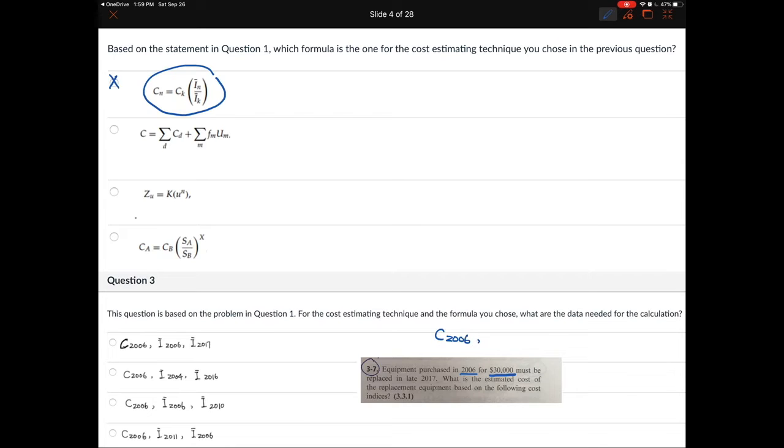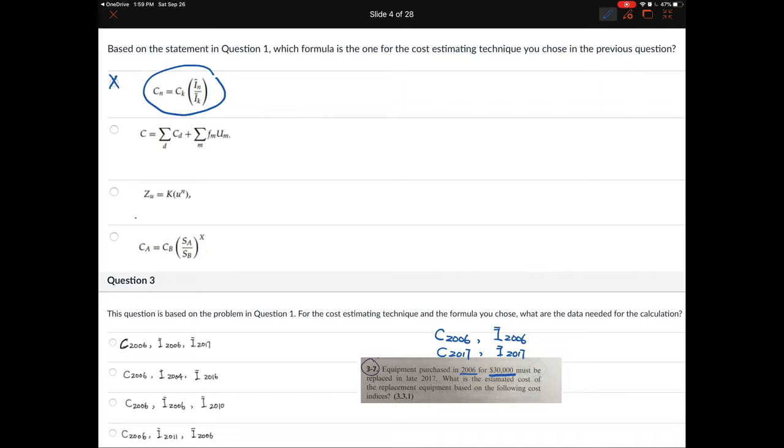And then what you want to know is the price in the year 2017. Other things you know are the indices. Because you want to know the price in these 2 years, the indices you want to use are I in the year 2006 and also I in the year 2017.